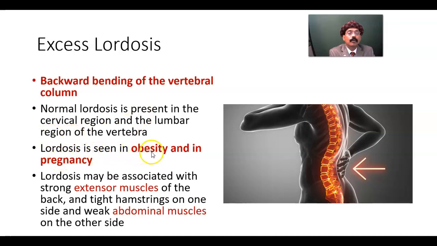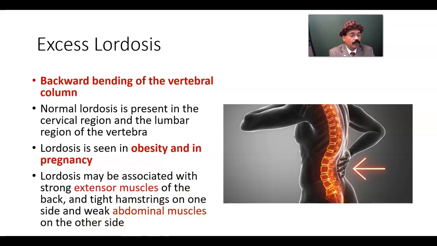Lordosis is seen in obesity and also in pregnancy because the line of gravity changes. Lordosis may be associated with strong extensor muscles of the back and tight hamstrings like the semimembranosus, semitendinosus, and the biceps femoris muscle.